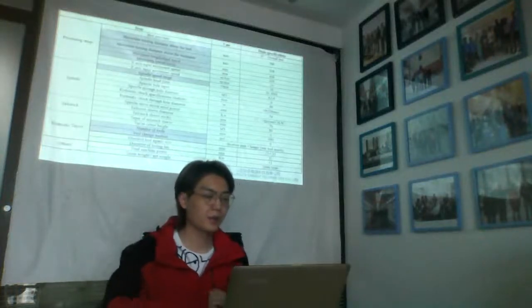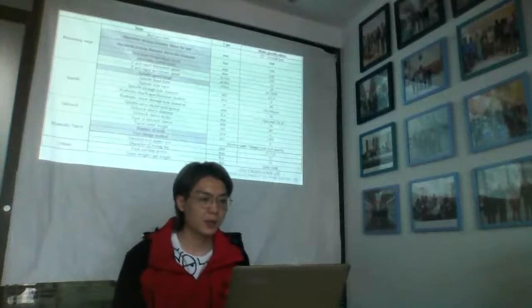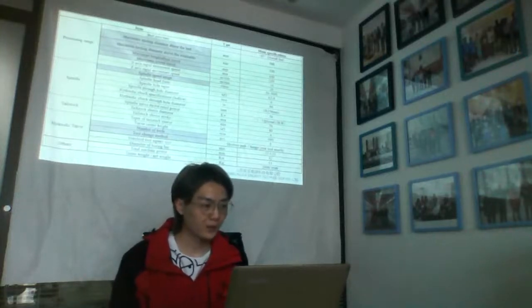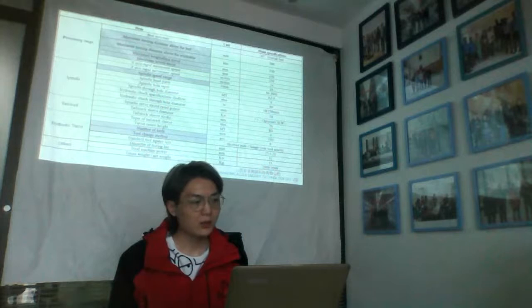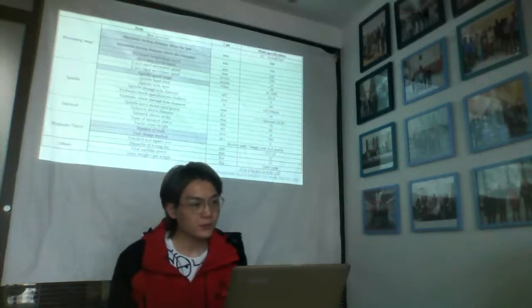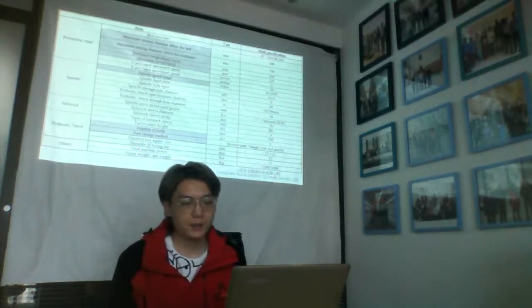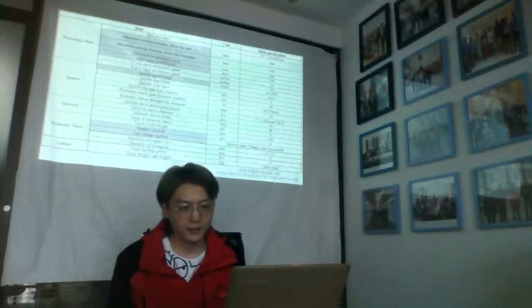And here are the main specifications of this type of CNC slant lathe. First is the bed structure, and it's a 45 degree overall bed.